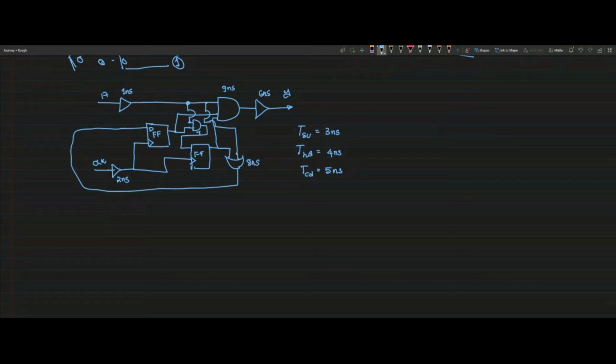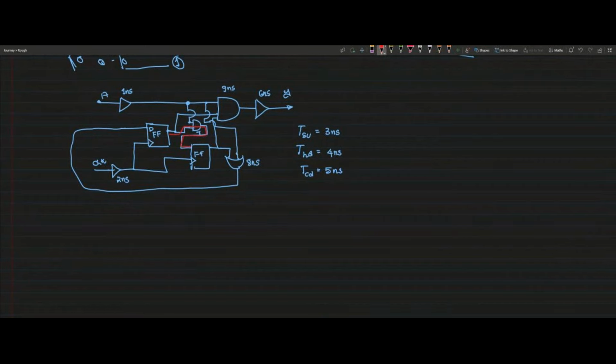One is data to data paths. First we will see register to register path. Register to register path is nothing but flop to flop. Can you tell me which are the flop to flop paths? From here, we have this, right? This way, and this way, and this way. This is one path.